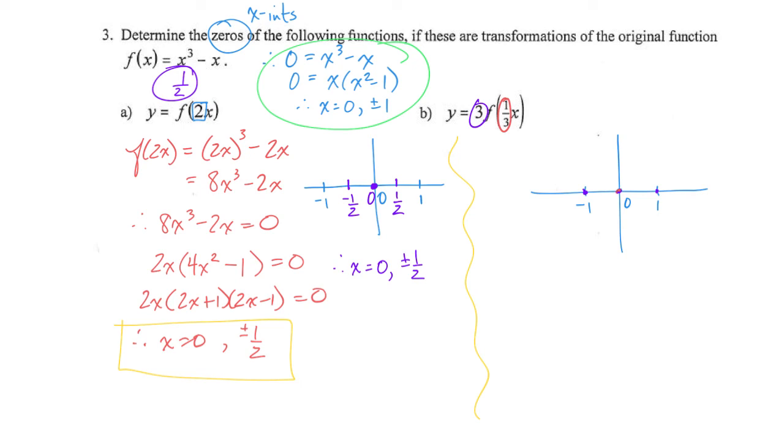Well, 0, if I make that 3 times what it was, is still 0. But my 1s are going to become triple what they would be. So 1 gets stretched all the way out here, maybe to 3. -1 gets stretched all the way down here to -3. And regardless of the rest of my picture, the question asked me about my zeros. I know my zeros are now going to be at 0 and plus or minus 3.